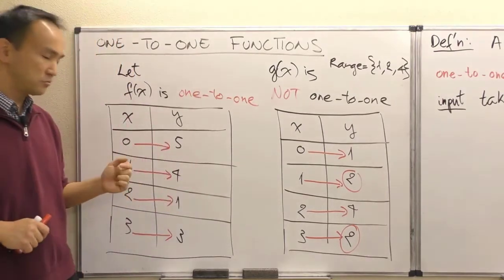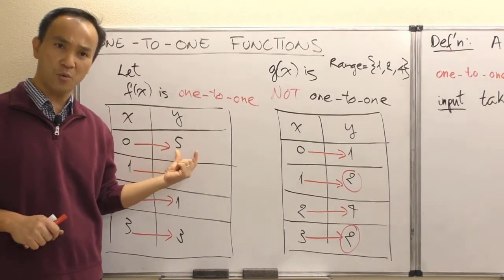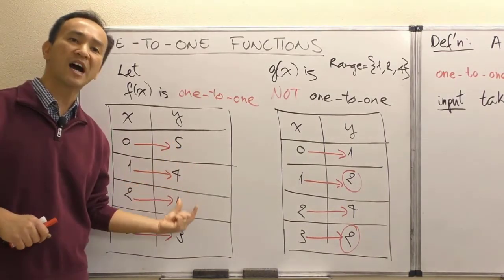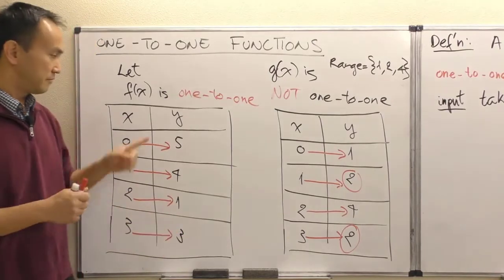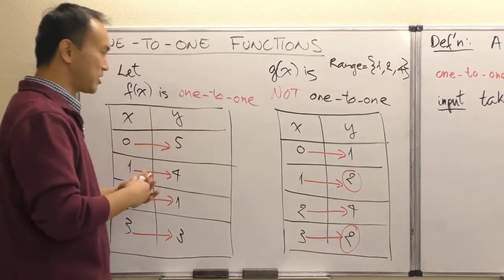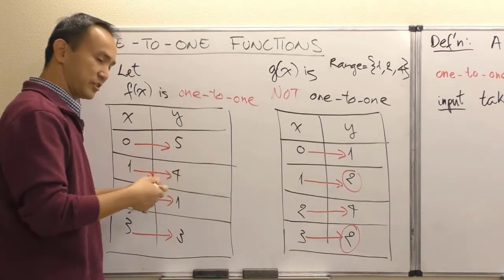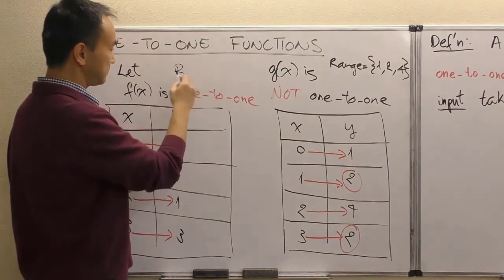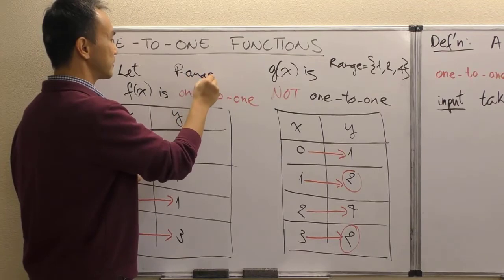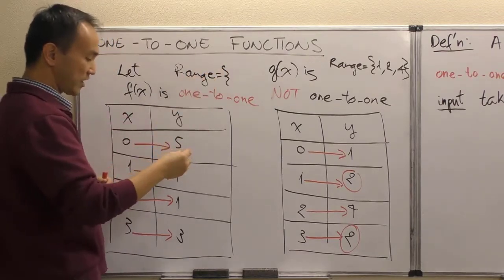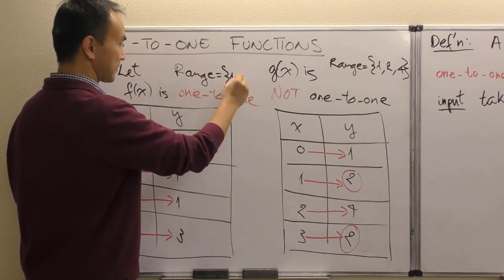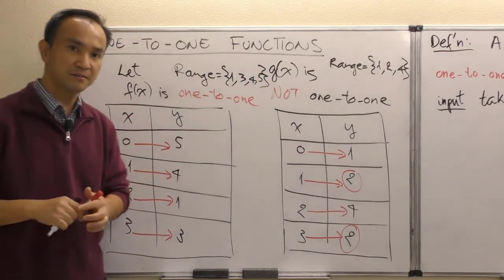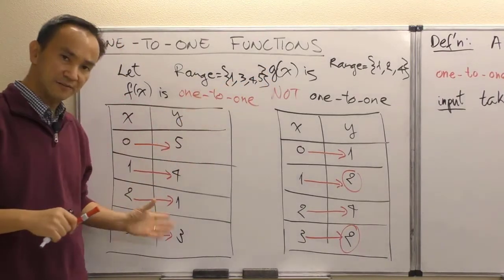In order to satisfy what's stated in the definition, we have to check through the entire range. This function f here, I could have also mentioned the range of this. I should have done that as well. I was short of space, so I was hesitating to write it down. The range for f is 1, 3, 4, and 5.